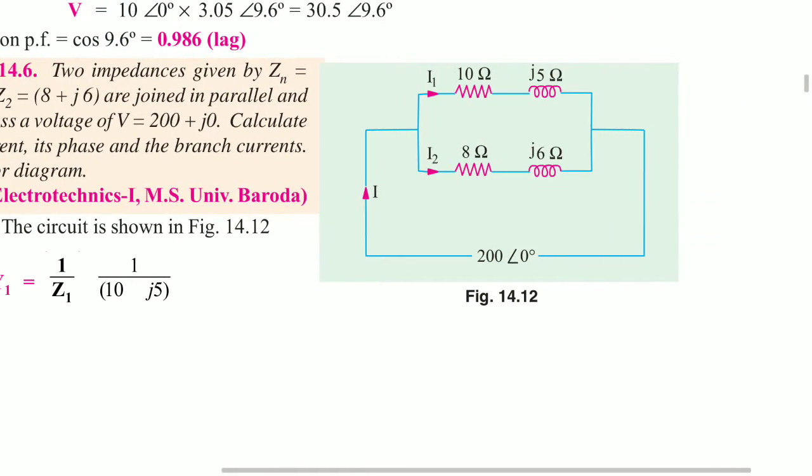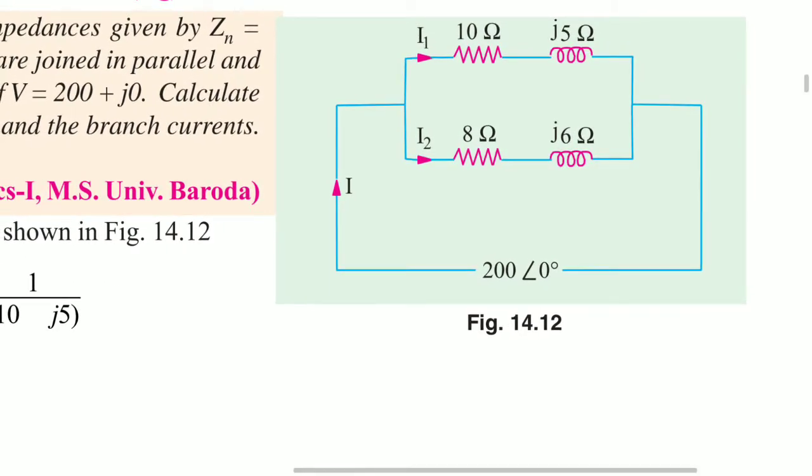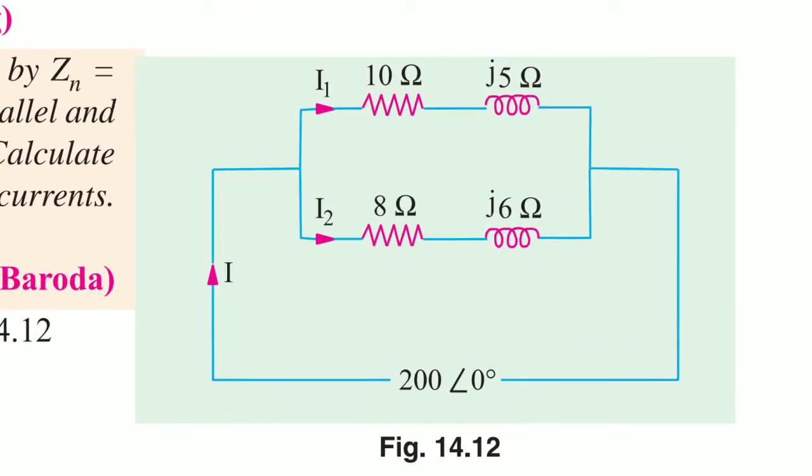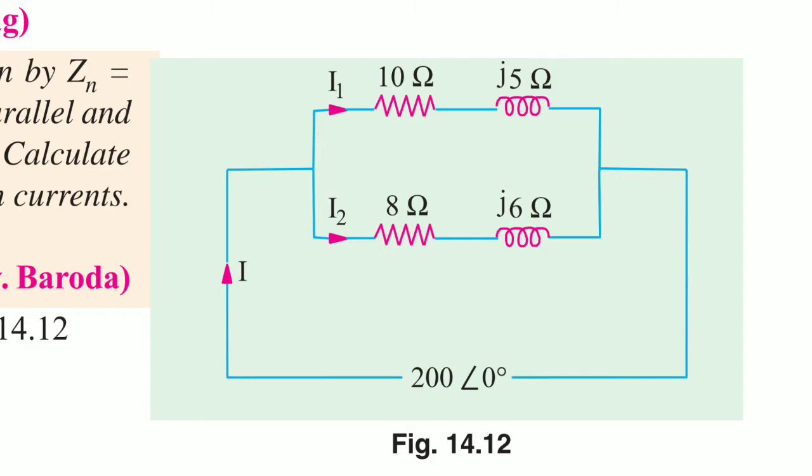Observe this figure. So I1 is in Z1, I2 is in Z2.